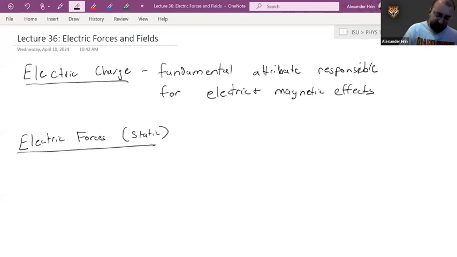What I mean by that is we know from our experience with forces that they cause accelerations. In this context, we're only going to be looking at the force, not the acceleration. The reason is that once you start getting into accelerations and changing the positions of objects, you end up changing the forces.